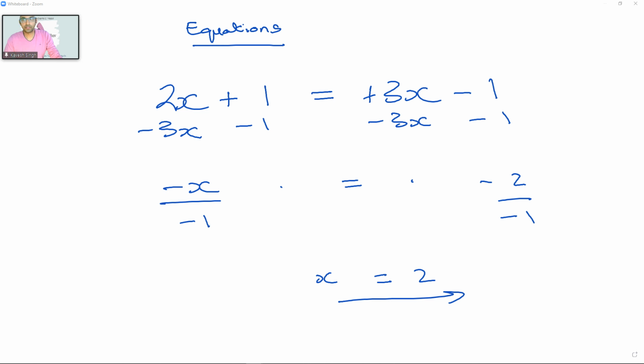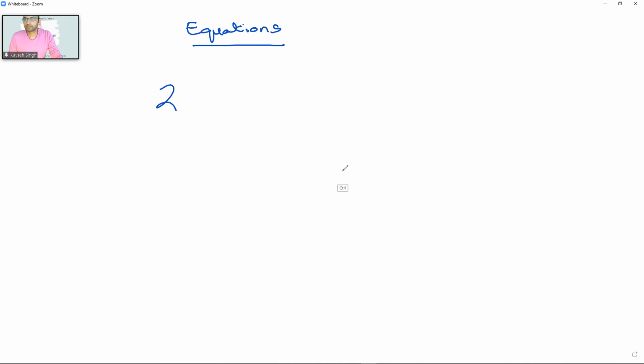Okay, let's try another one. Let's suppose I've got now 3x minus 4 is equal to x plus 4. Now let's try moving.